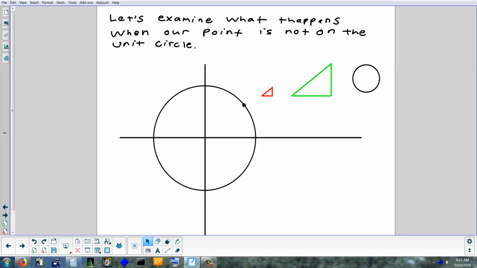So let's pretend that this circle is the unit circle. 1 unit in every direction. That bigger circle, well, it's not a unit circle. How big is it? We don't know.